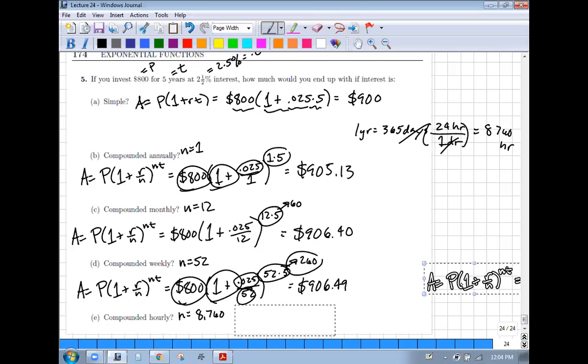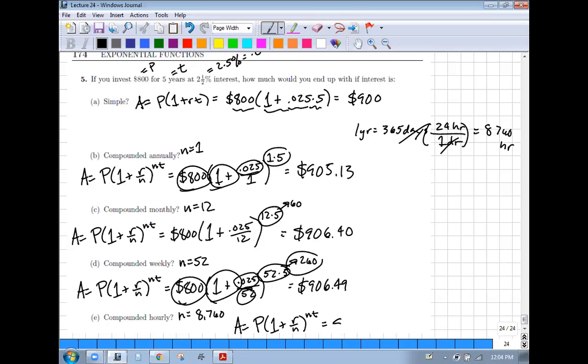So using our formula, we got 800 bucks, 1 plus 0.025 over 8,760, to the 8,760 times 5. So I need to know what that number is first. And it is 43,800. That's what that number is.